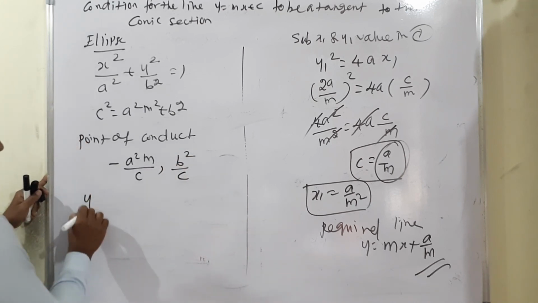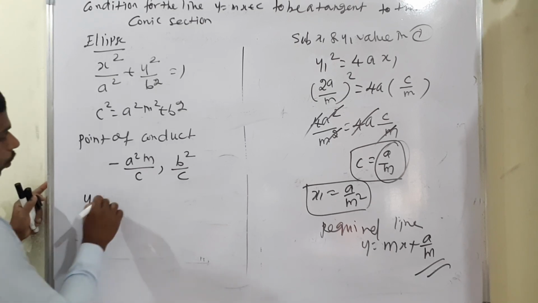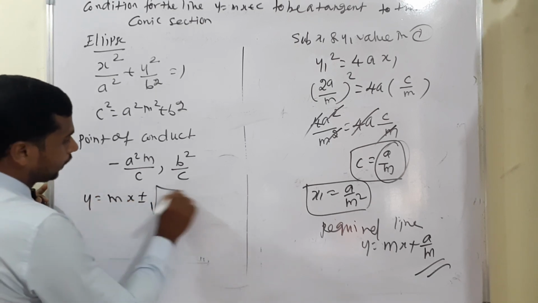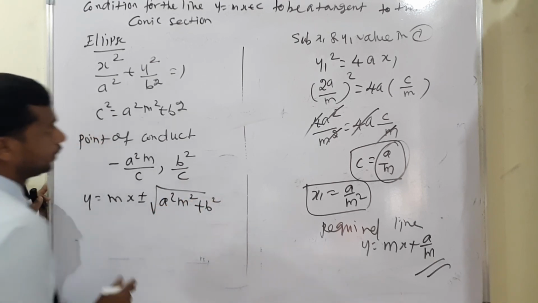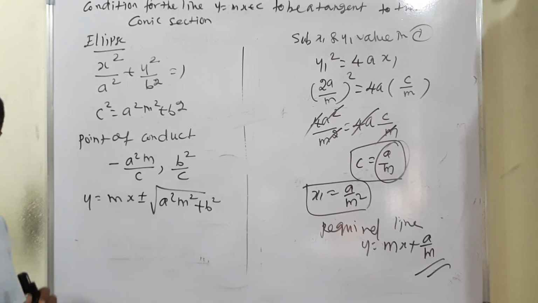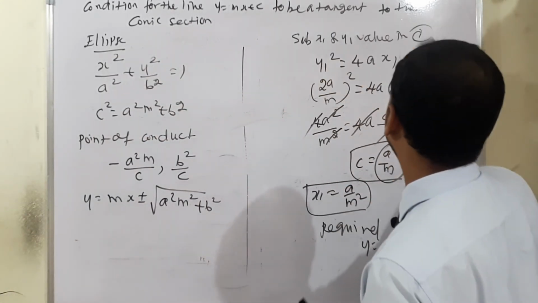And the tangent form is y is equal to mx plus or minus square root of a square m square plus b square. This is the ellipse condition. This is needed during the exam time for 2 mark and 3 mark questions. It's useful for you.